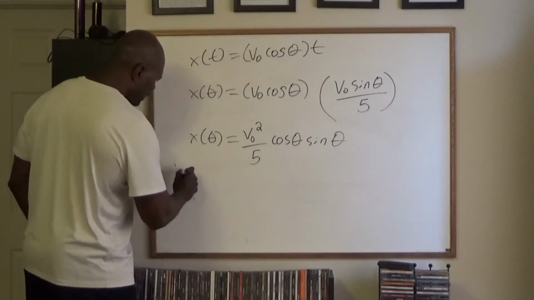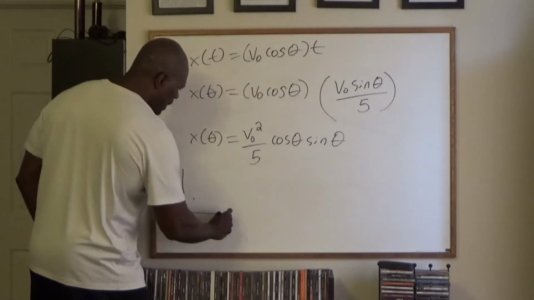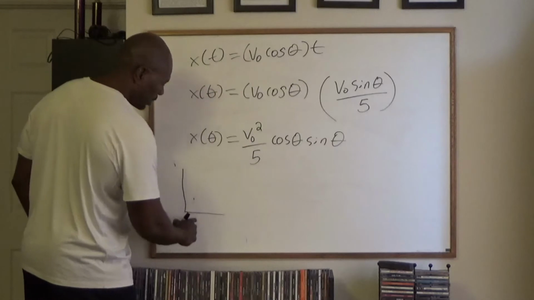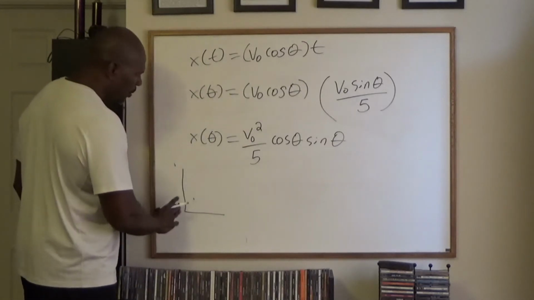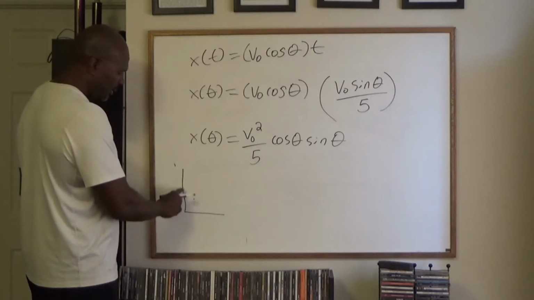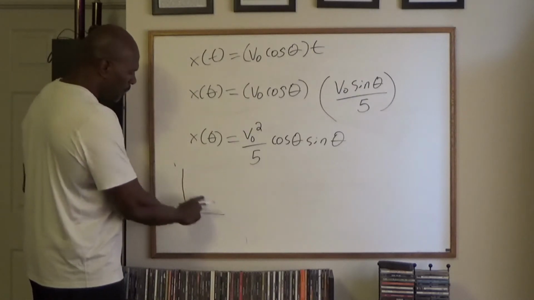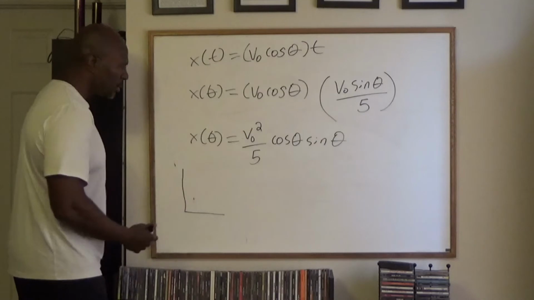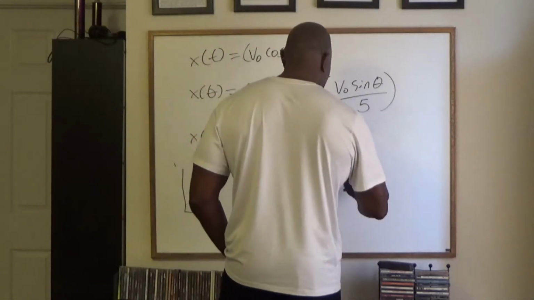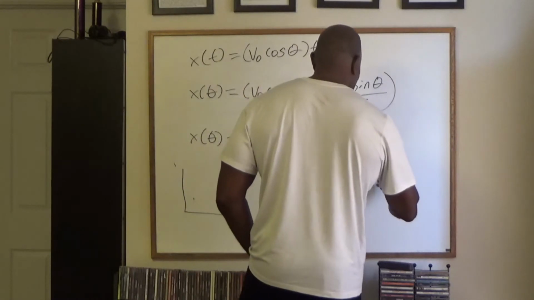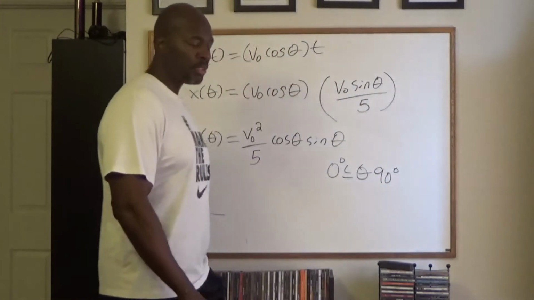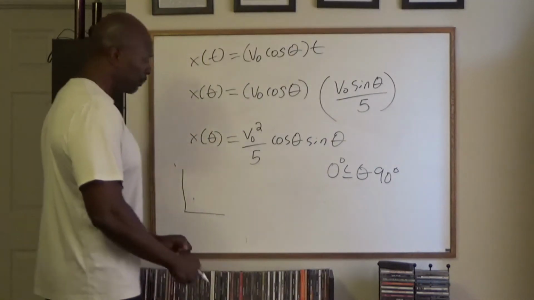The lowest I could possibly throw the ball would be at an angle of 0. The biggest angle I could throw the ball would be at an angle of 90. So the implied domain is that theta is between 0 and 90 degrees, or 0 and pi over 2 radians.